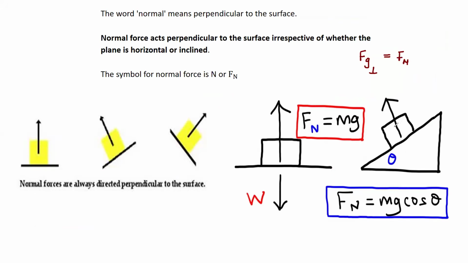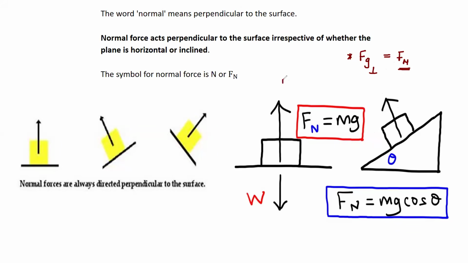Later on, when I teach you an incline, I will tell you that the force of gravity on an incline is broken into two components: force of gravity perpendicular, which is the one equal to the normal force, and force of gravity parallel, which I will deal with later on. So to get clarity, force of gravity perpendicular is the one equal to the normal force on an incline.